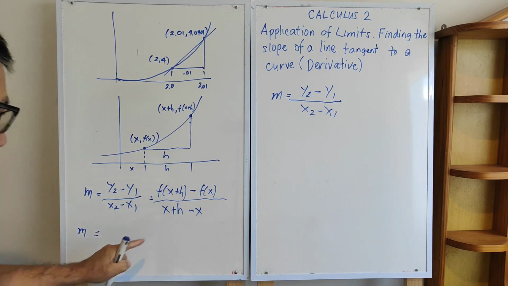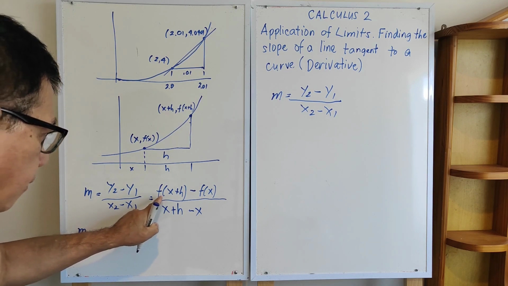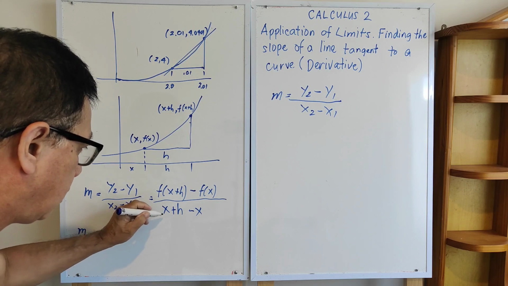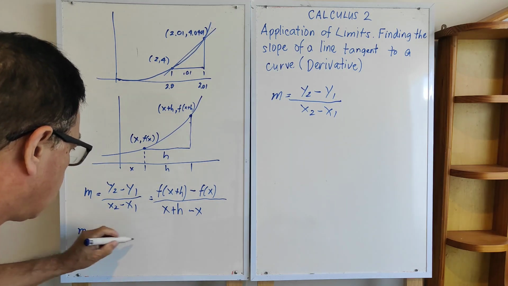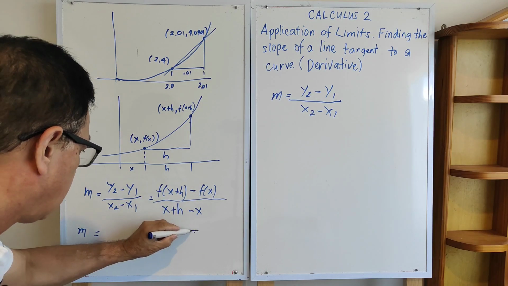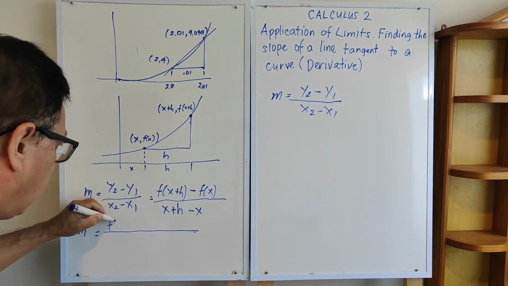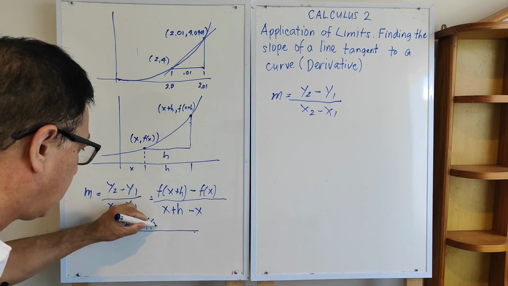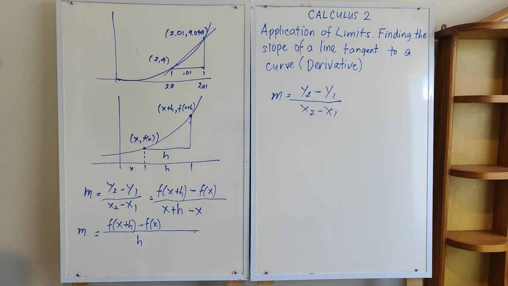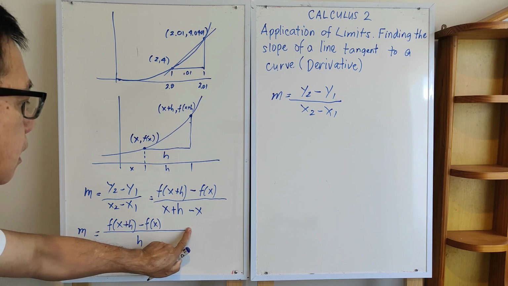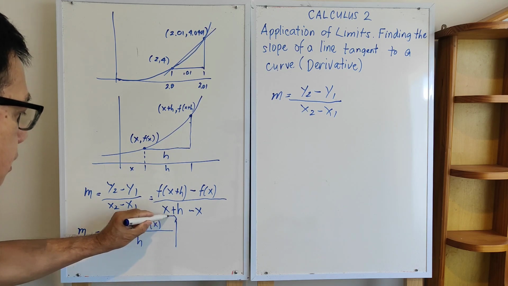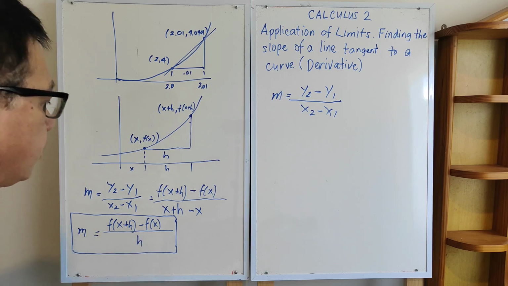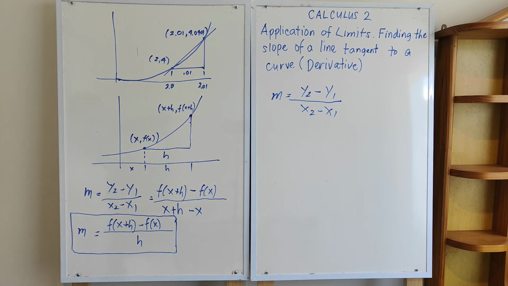So your slope now is this one. X minus x will cancel out, leaving only h. So we will write this one and then change the denominator. So f of x plus h minus f of x is h. Now this is your general formula to get the slope of the curve at any point in the curve.